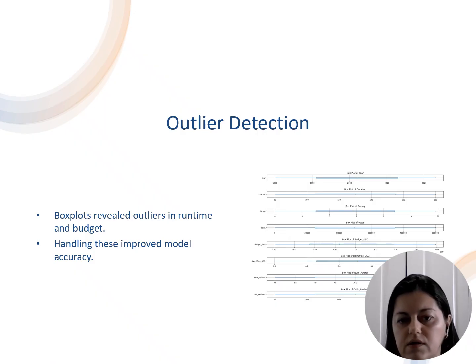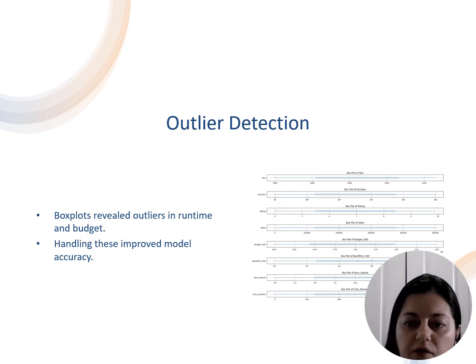About outlier detection, outliers can distort the results of a regression model, so I paid special attention to them. Using box plots and visual inspection, I found several extreme values, especially in features like movie duration and Facebook likes.